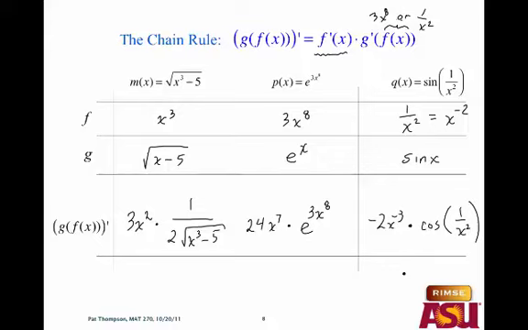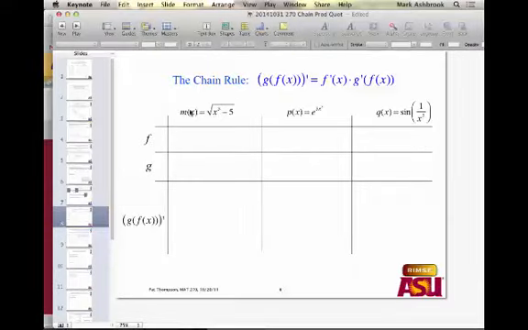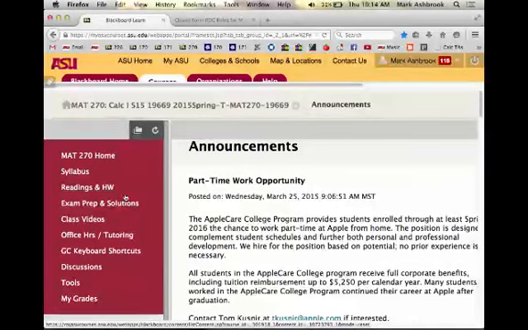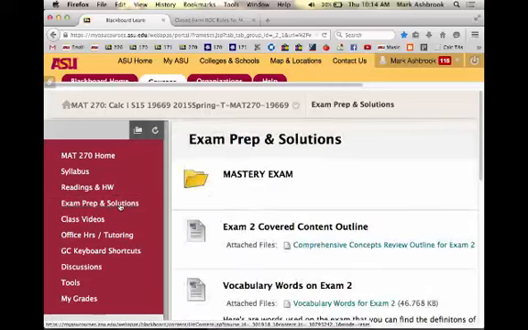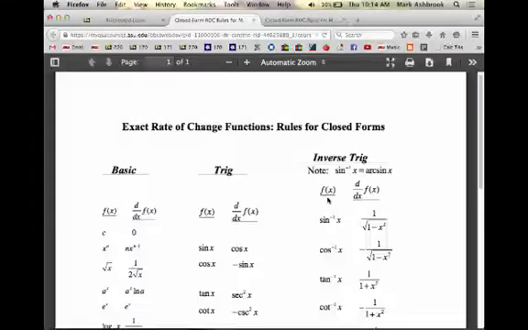But I want to talk about the mastery test. So in exam prep and solutions on Blackboard, you go to exam prep and solutions on Blackboard. I have a folder called the Mastery Exam. In that folder, there's two things. The list of rules. I showed you that.